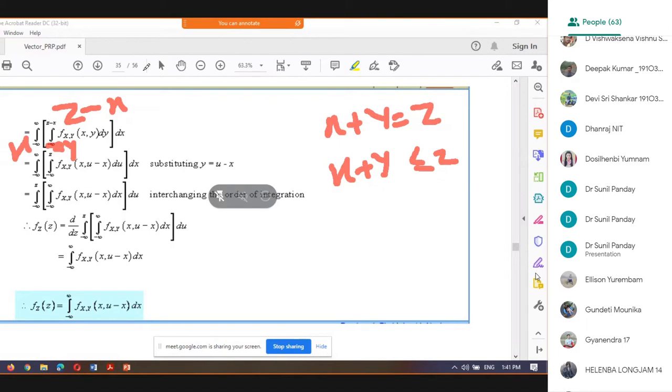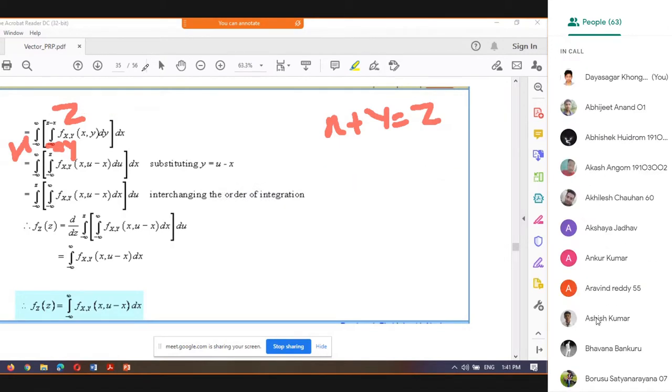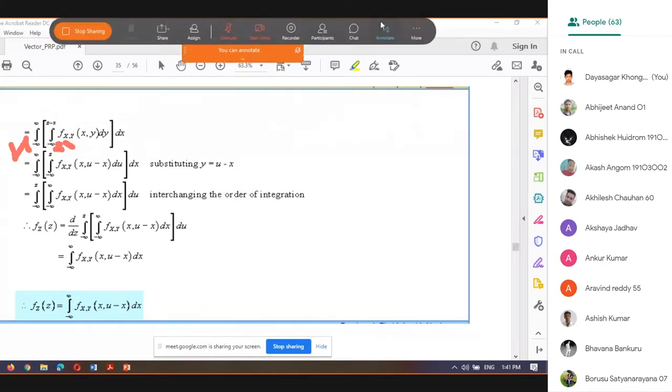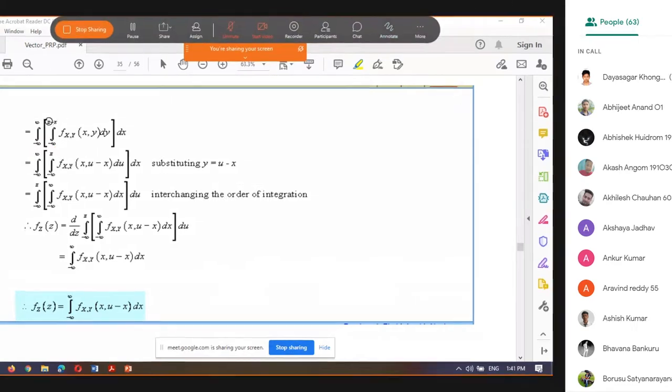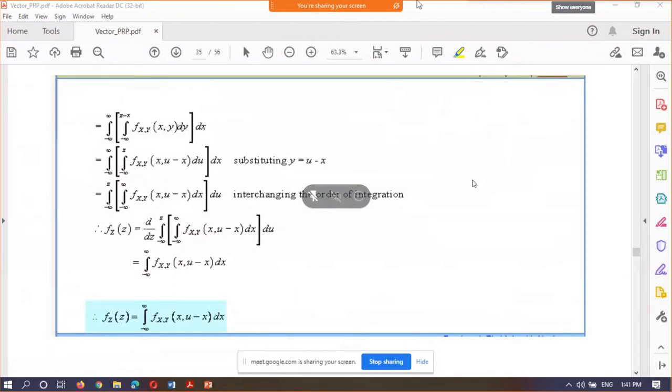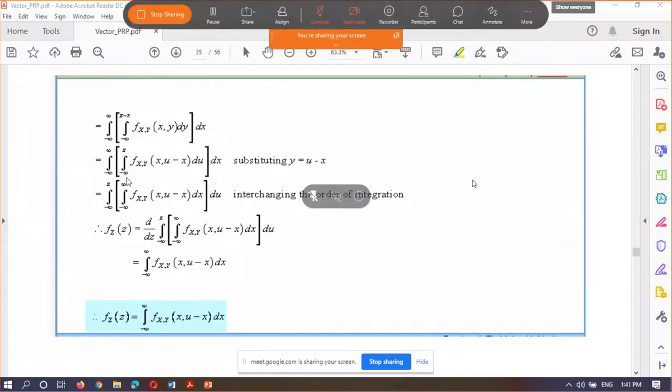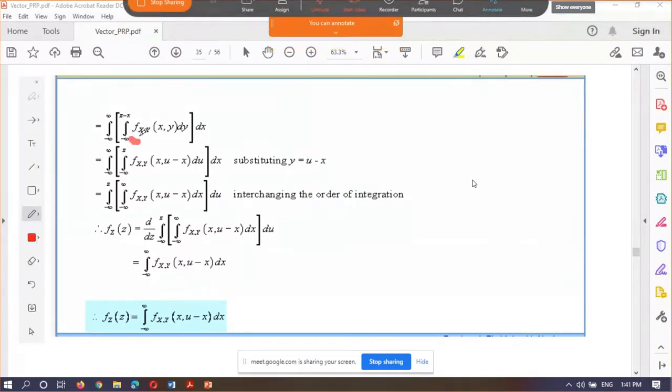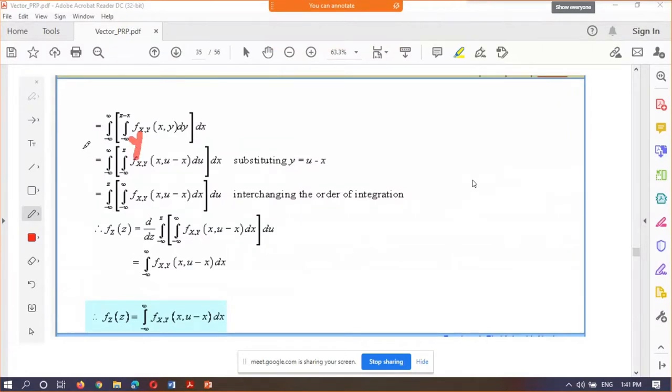So here you can see this is y equals minus infinity to z minus x, and this is x equals minus infinity to plus infinity.